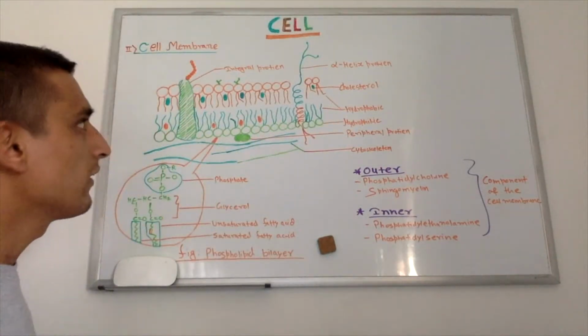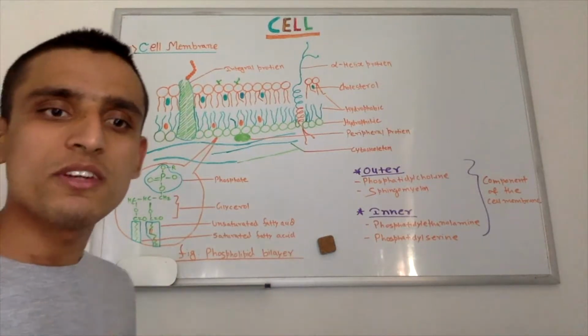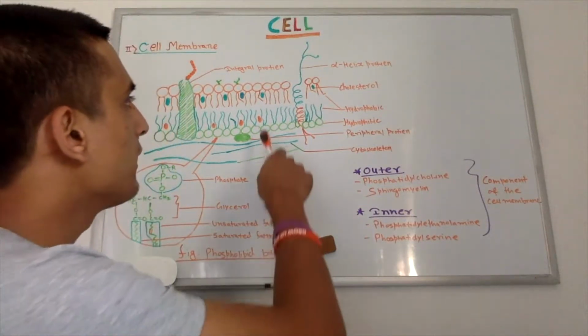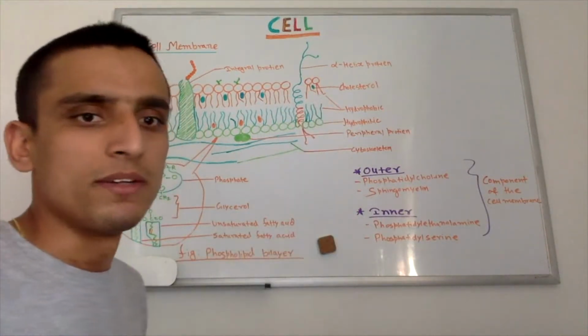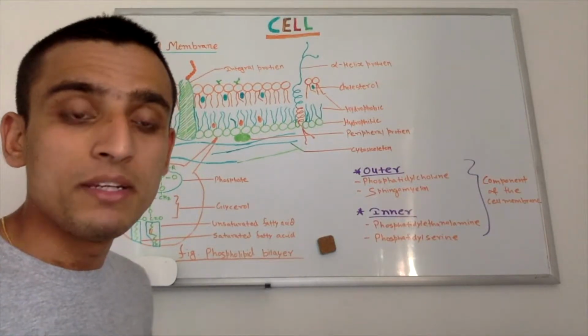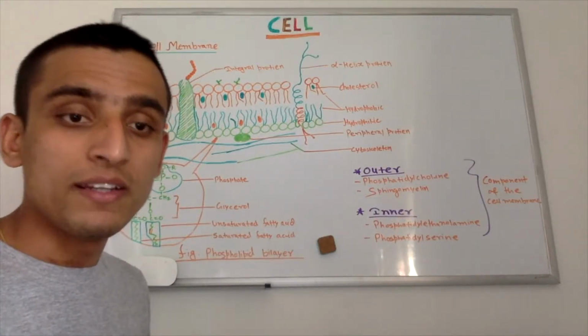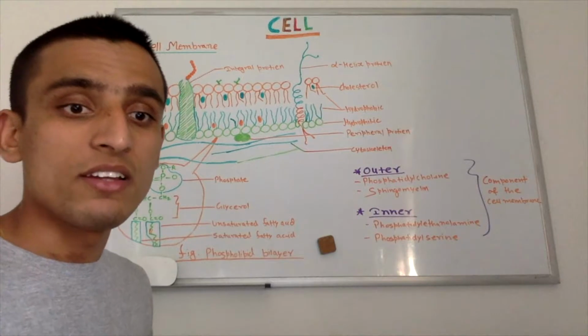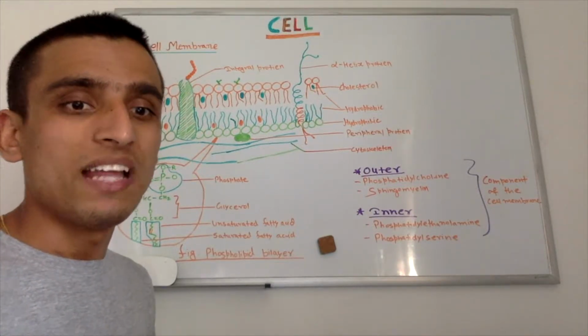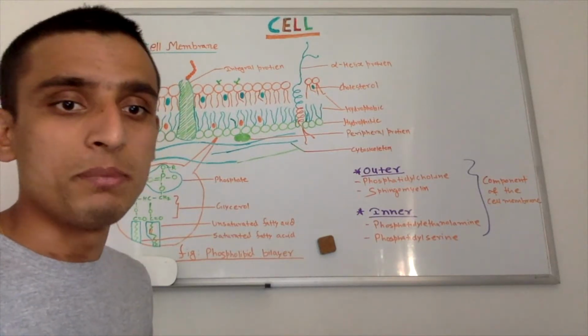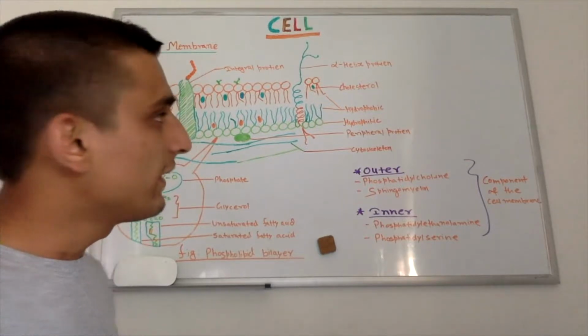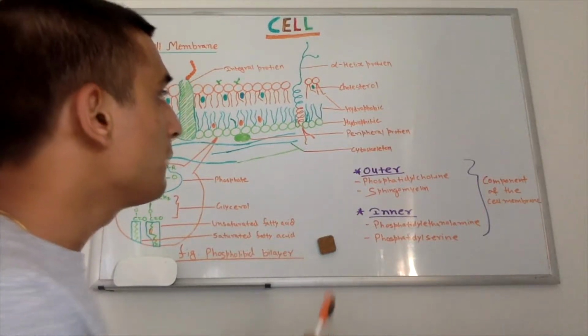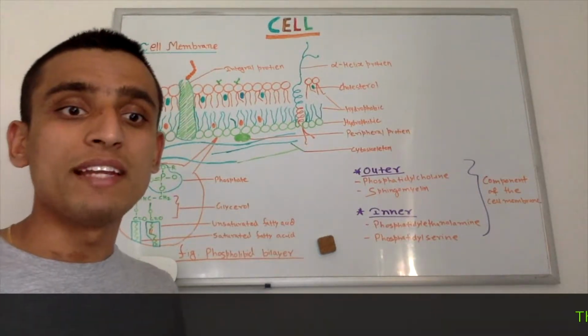If you look at the cell membrane, most of the time the cell membrane is made up of phospholipid. What is a phospholipid? Phospholipid has phosphate, glycerol, and fatty acid on it. That's why it is called a phospholipid. Phospholipid has a hydrophobic and a hydrophilic region.